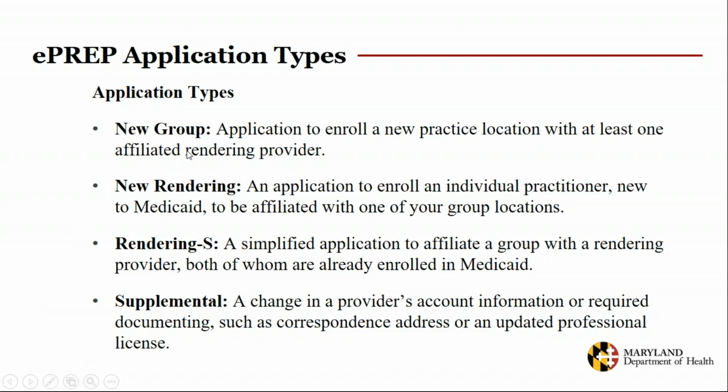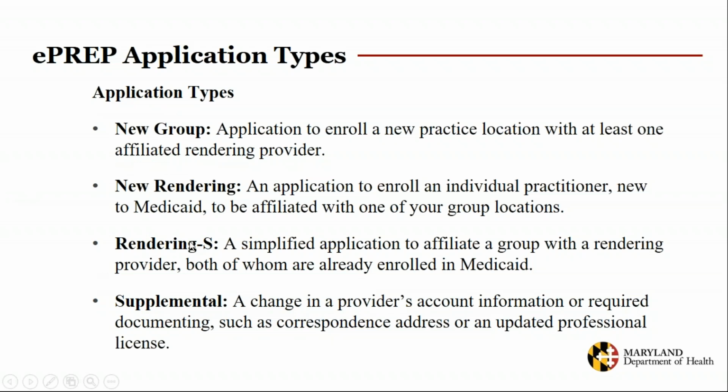So, like I said about the new group application, if you're doing a new rendering application, you would equally need to have a group that you'll be adding yourself or the provider to. So a new rendering application will be to create a new application for a new Medicaid provider who would like to be affiliated to an existing group.